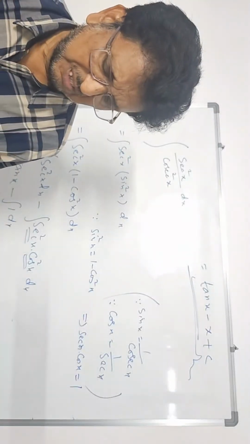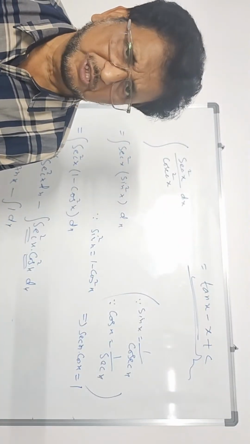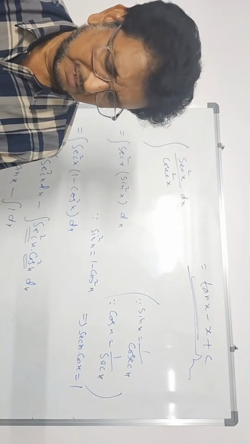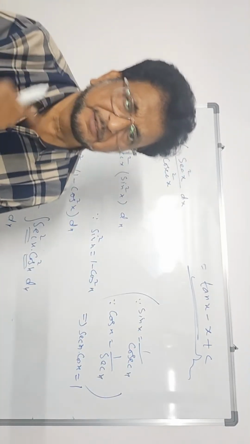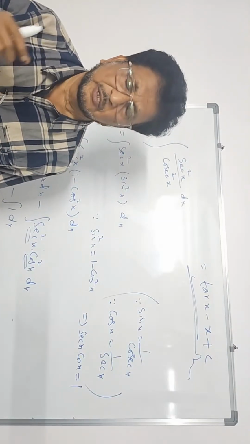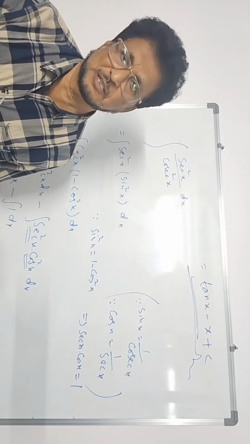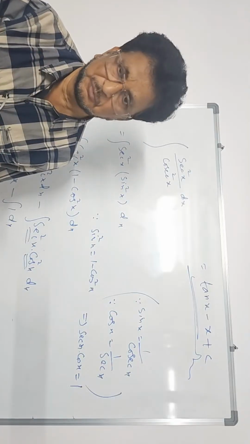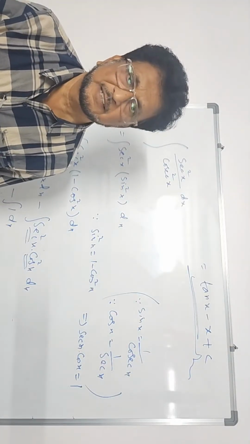Now, the same type of question but a different one. This also takes a small trick. You have to utilize your mind, your reasoning, to solve a question. Every question is a challenge to you. You have to face that challenge, okay?